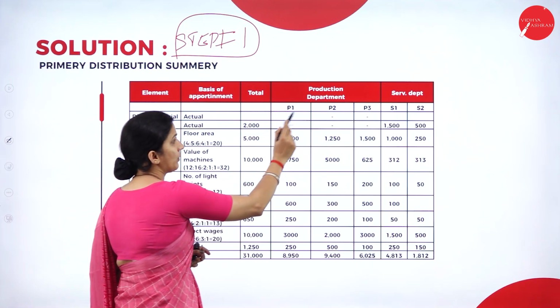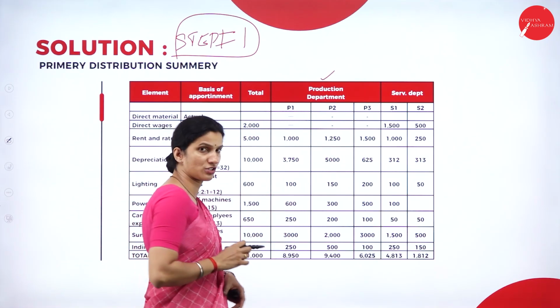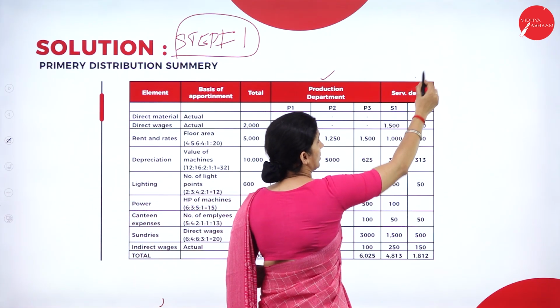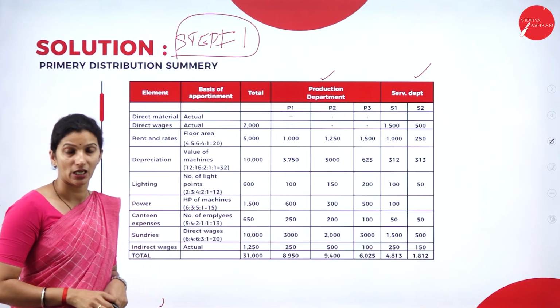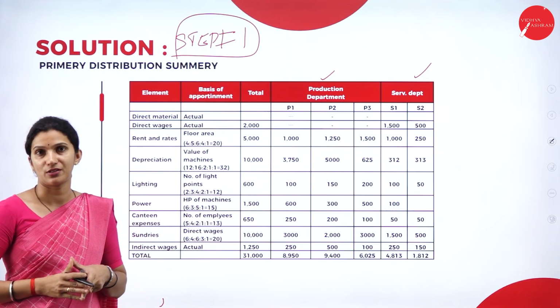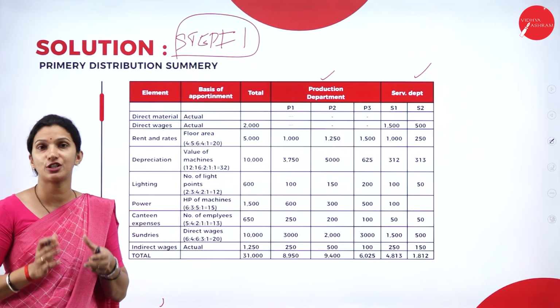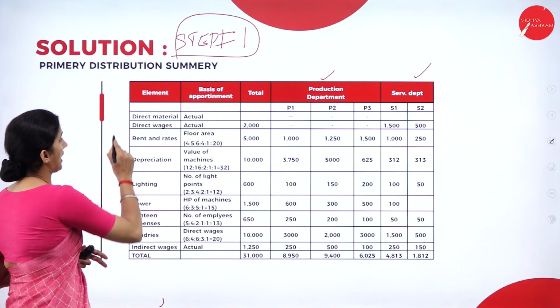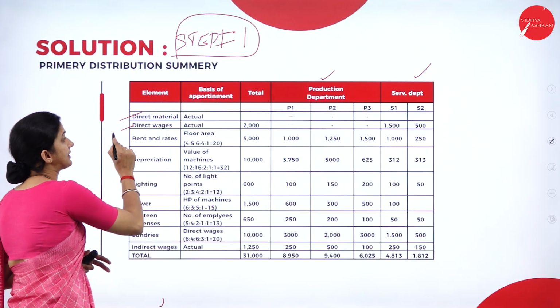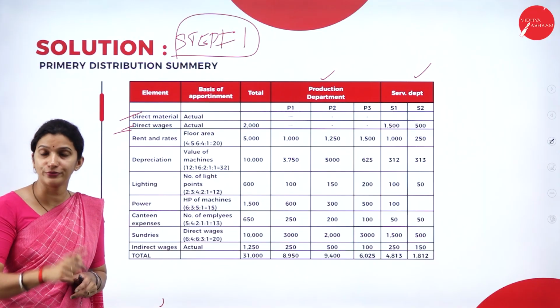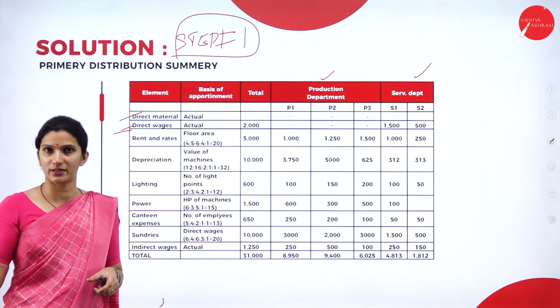So here P1, P2, P3 are production departments, S1 and S2 are service departments. When we prepare the primary distribution, the first step we need to follow is to write the direct material and direct wages of only service departments.